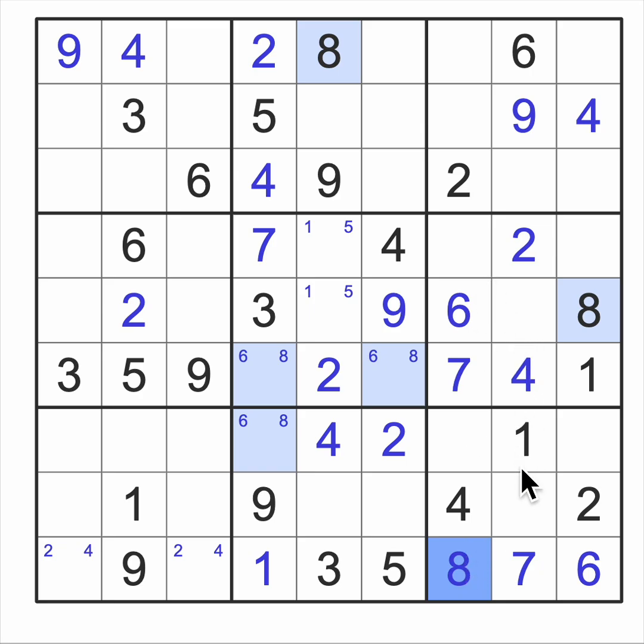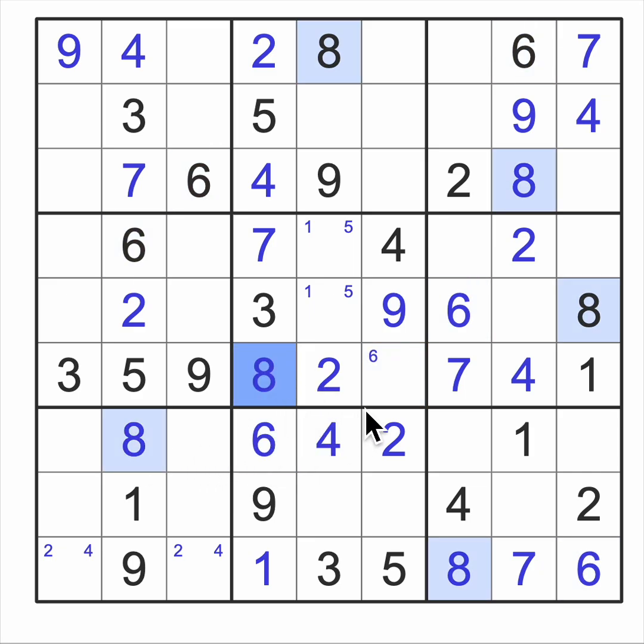And 8 blocks this cell, 8 blocks this cell, 8 comes in here, which blocks this cell, gives me 8 here, 7 here, which blocks this cell, this 7 blocks these, gives me 7 here. Oh, this 8 has made this cell 6.